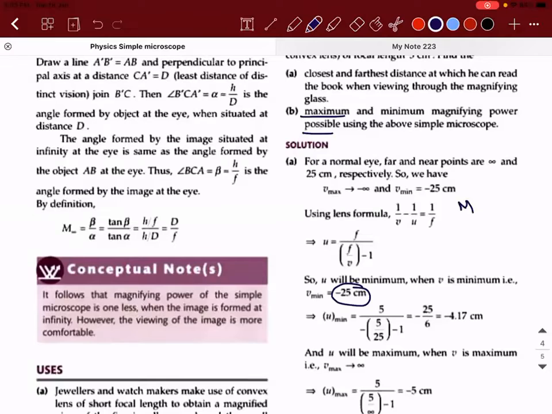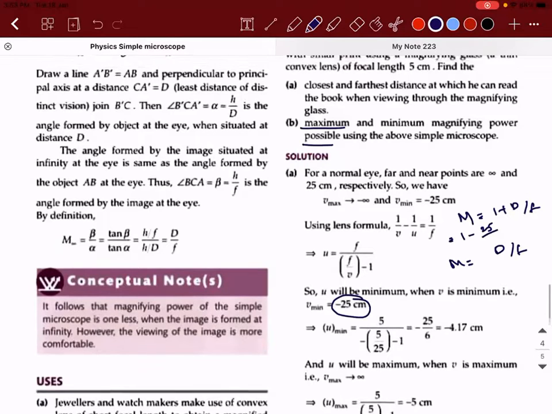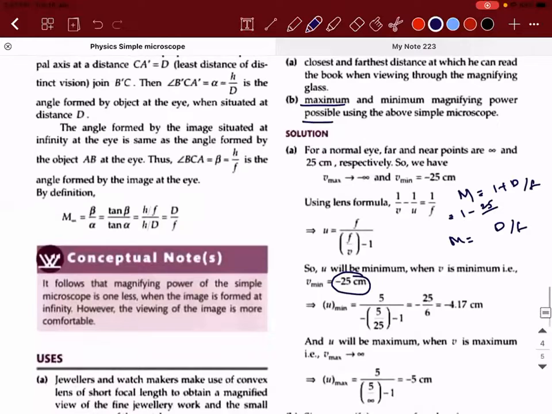Calculate the magnifying power as 1 plus d by f, and calculate the magnifying power as d by f. So 1 plus d by f is 1 minus 25 divided by the focal length, which is plus 5. So how much is it going to be? 1 minus 5, minus 4.